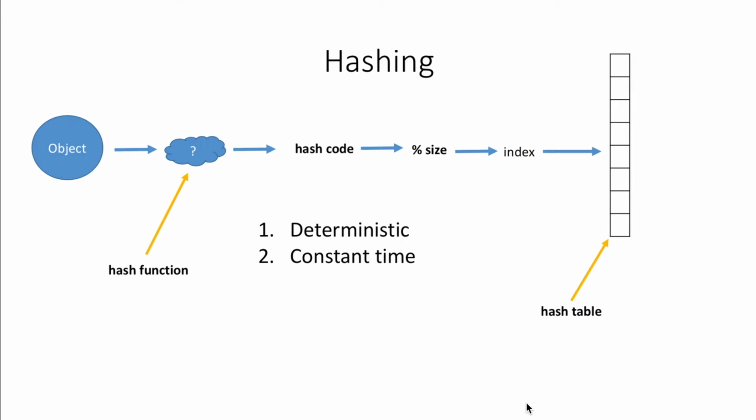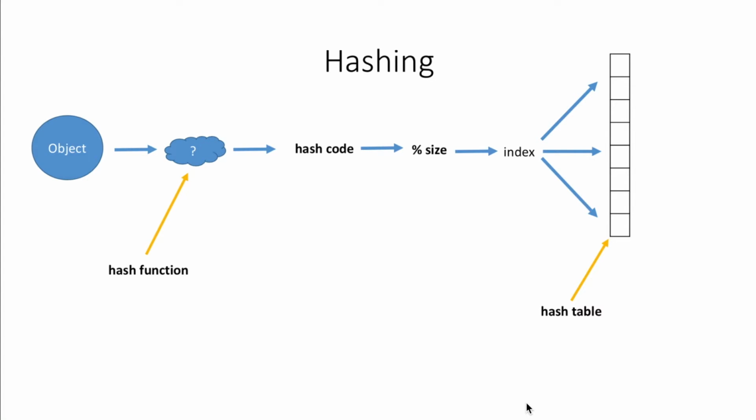If it doesn't run in constant time, if it runs in O(n) or O(n squared), it defeats the whole purpose of hashing, because that would be the bottleneck and would make everything slow. The last one, it has to provide a uniform distribution along the hash table. So here, given a bunch of objects, we should get indices that uniformly distribute the objects along the hash table.